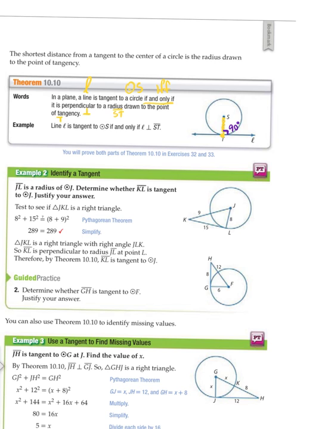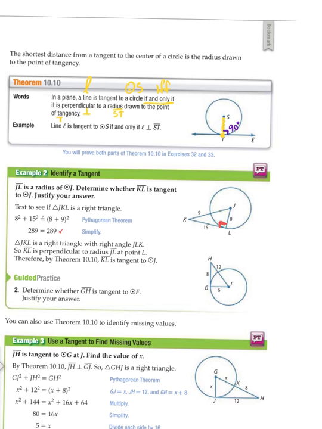J to L is a radius, and segment KL, excuse me, we're trying to determine if that little guy is, in fact, tangent. If KL is tangent, then for sure we would have a right angle there.